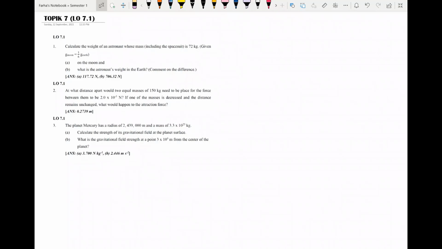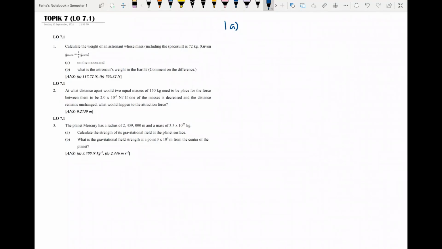Question number 1, calculate the weight of an astronaut whose mass including the spacesuit is 72 kg. Given that the acceleration due to gravity on the Moon is 1/6 g Earth.